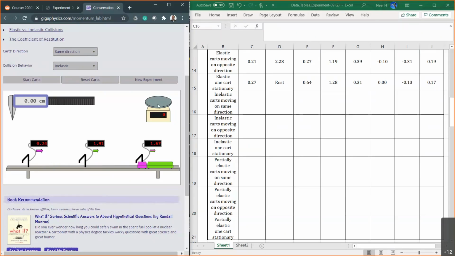So let's record the data before the collision. Cart number 1, 1.24 positive, cart number 2, 1.91, and then after collision there are no 2 objects now, it's 1 object. What this photo gate is actually telling you is the time for the total length, not for one length of the object.